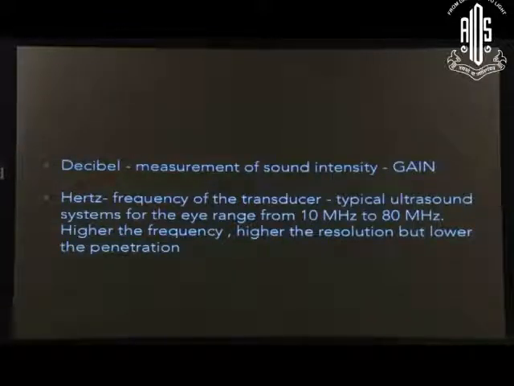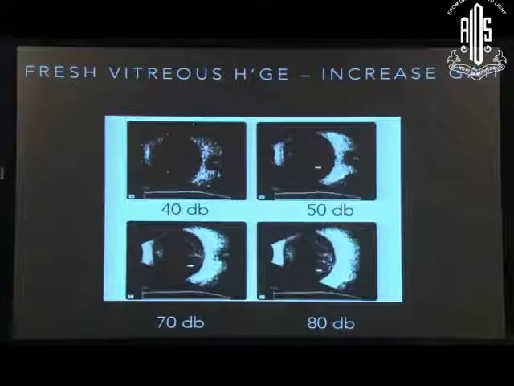Typical ultrasound systems for the eye range from 10 megahertz to 80 megahertz. Conventional B-scan ultrasound for the posterior segment is 10 to 20, whereas 35 to 80 is ultrasound biomicroscopy. And the higher the frequency, obviously the higher the resolution, but this is at a cost of penetration.